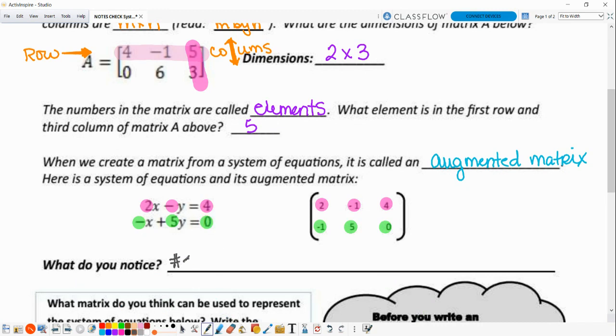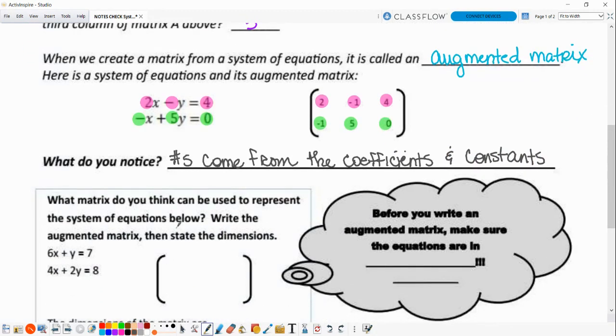The numbers come from the coefficients and constants. All right, that's exactly where we get our numbers from in our augmented matrix.